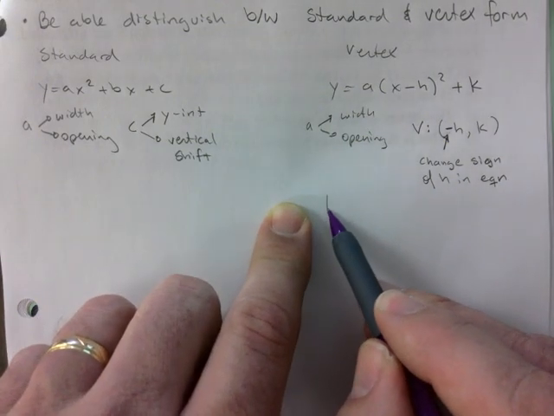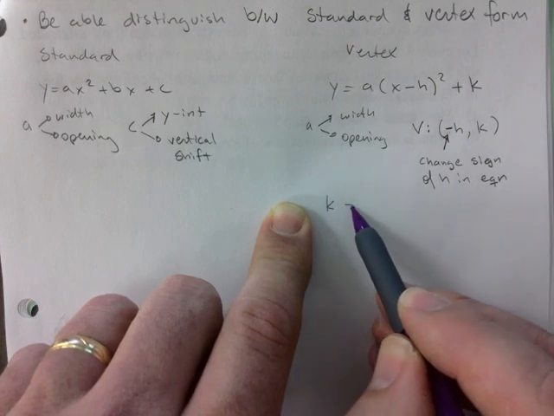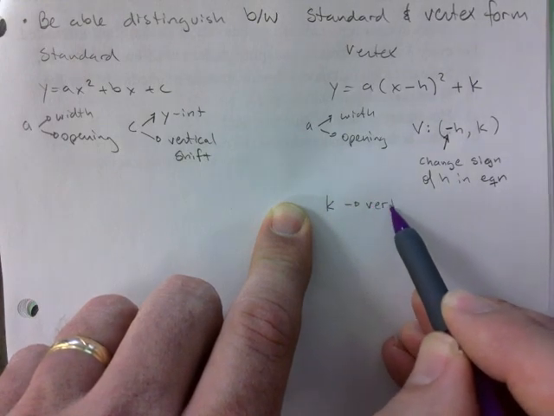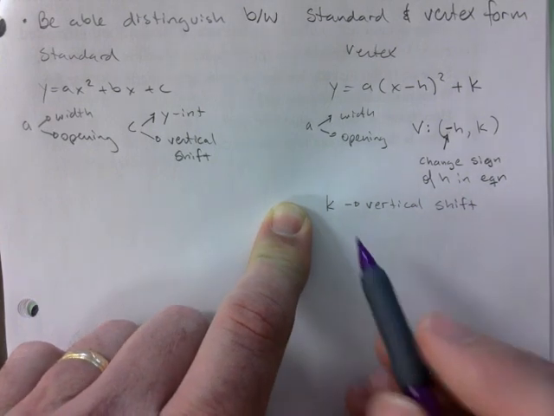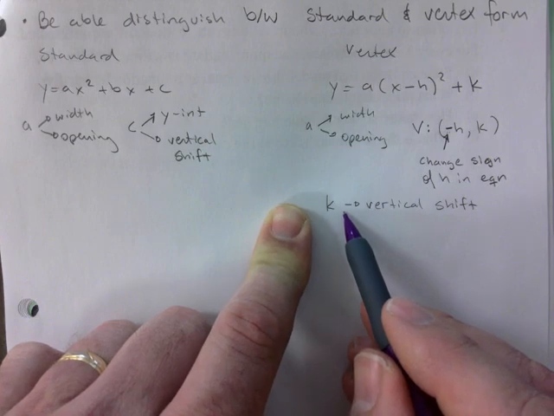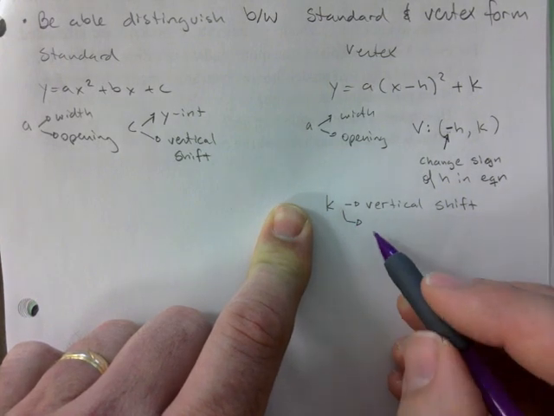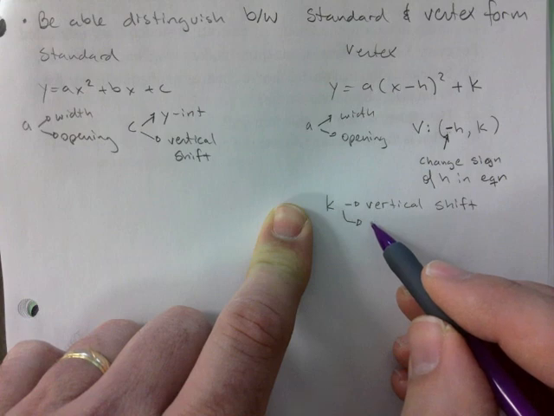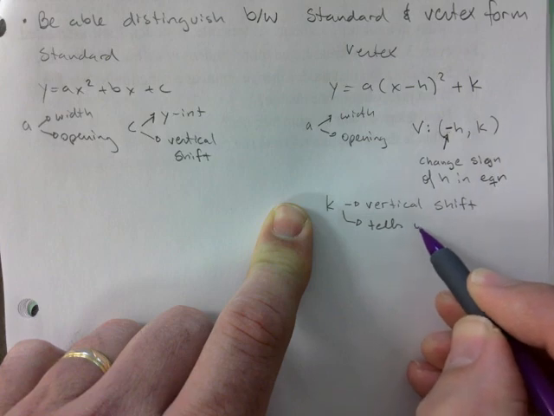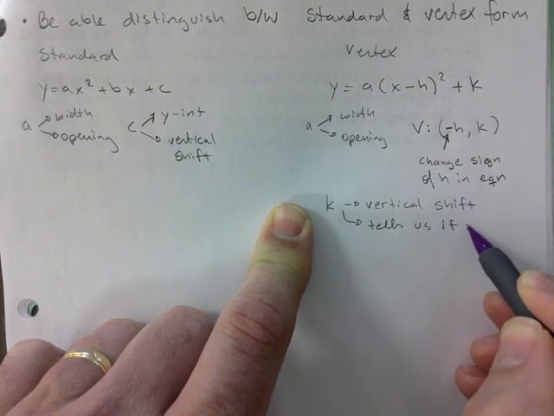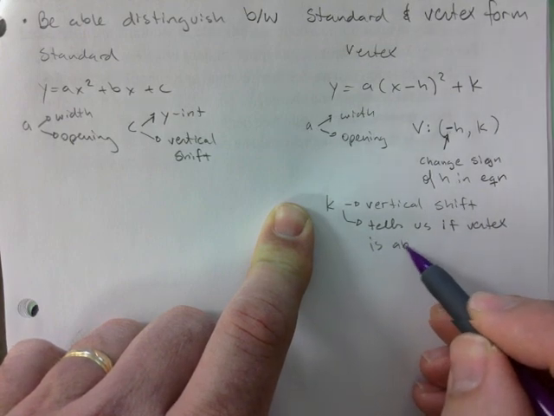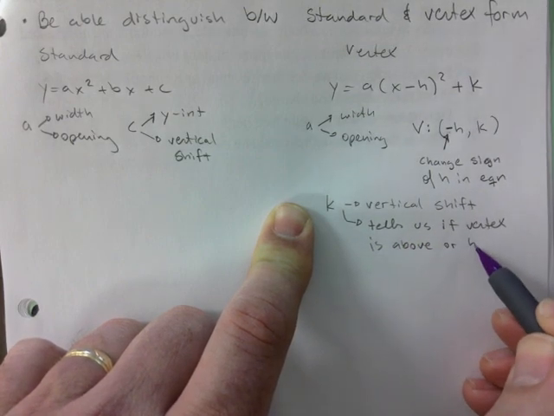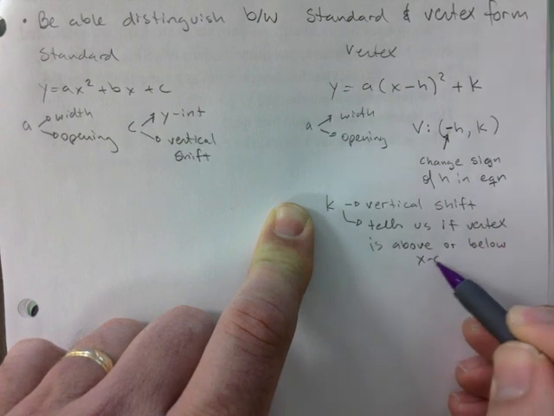And I will also add that K also does a vertical shift. Vertical shift. Tells us if vertex is above or below x-axis.